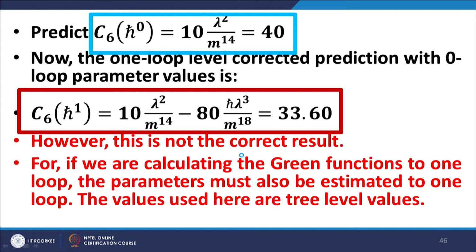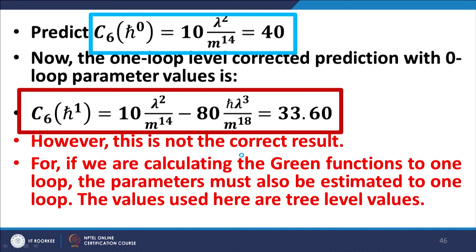Please keep track of the figures. C6 at H0 was found to be 40, this was the correct value of C6 at H0. Then we worked out C6 at one loop level. We used the formula for C6 at one loop level, but we inputted the bare parameters of the action worked out at the tree level, and we found the value to be 33.60.